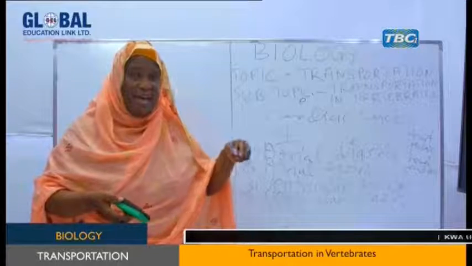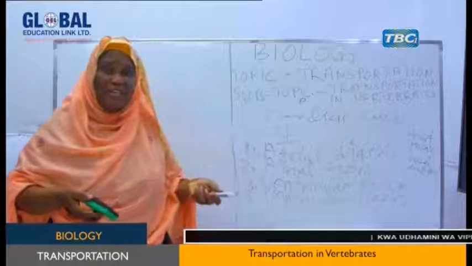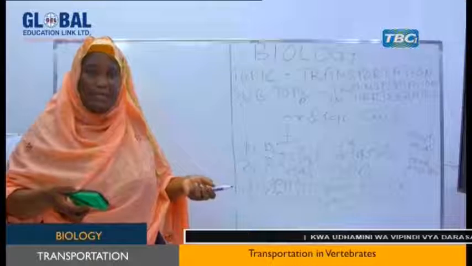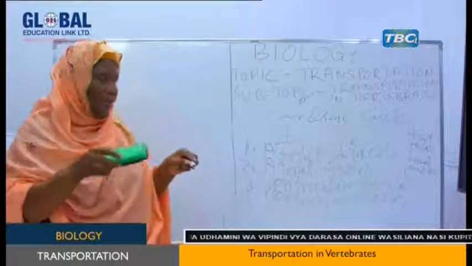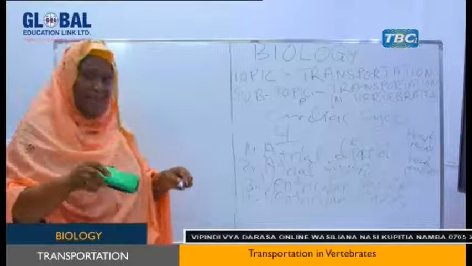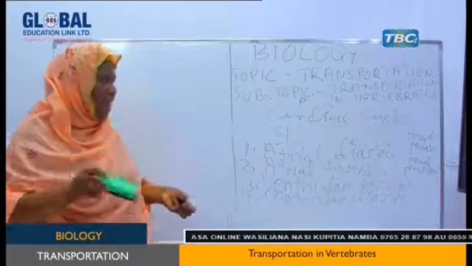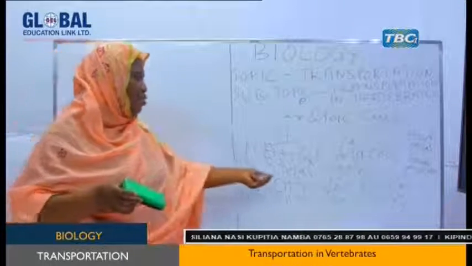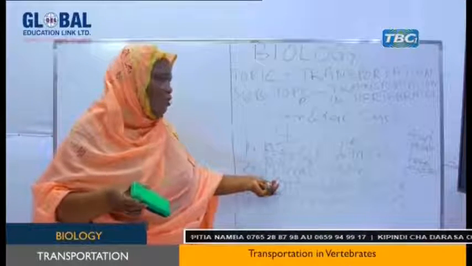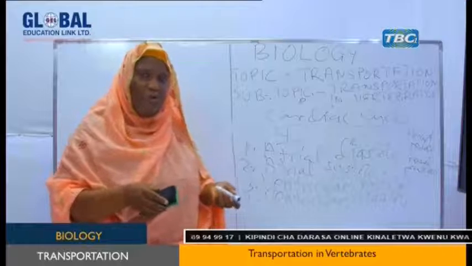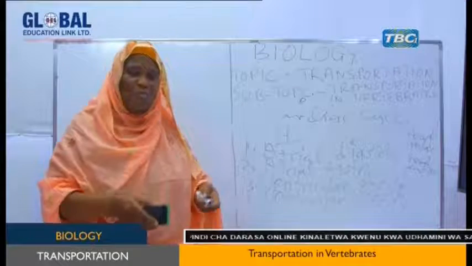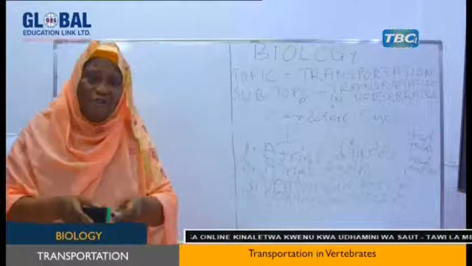The valves there close in order to prevent backflow of blood. Blood cannot return back. So they remain in the ventricle. At that time, the ventricle should also contract to allow now blood to be squeezed out of ventricles.